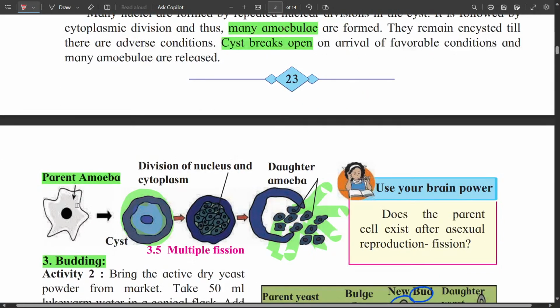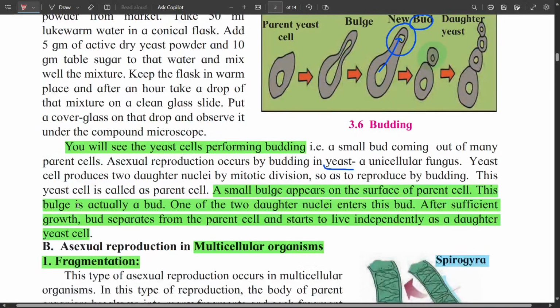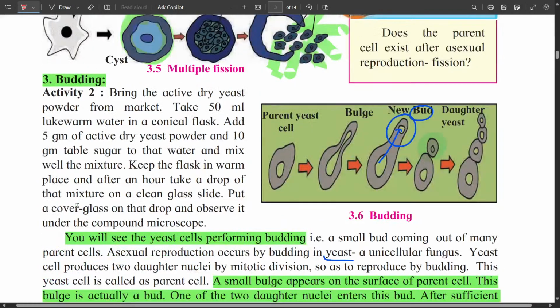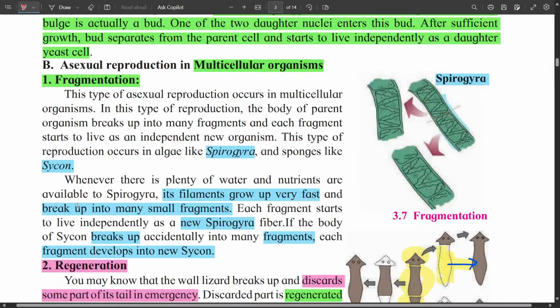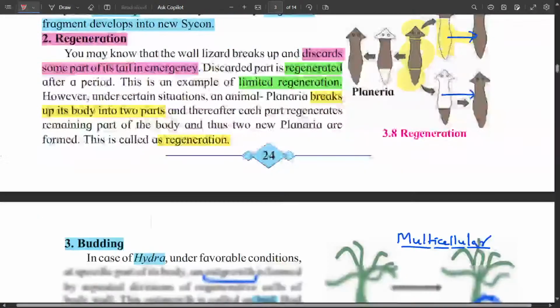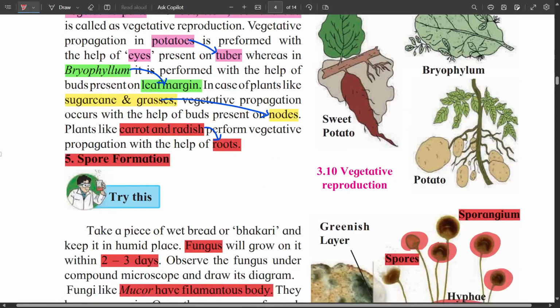Then in yeast we have seen budding. So these are 3 asexual methods in unicellular organisms. And in multicellular organisms we saw fragmentation, regeneration, budding again, vegetative propagation and spore formation.